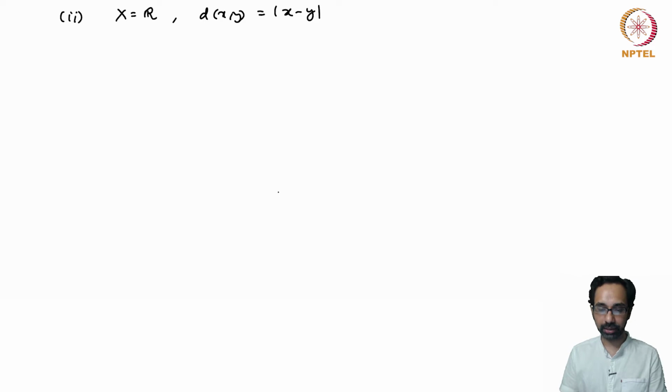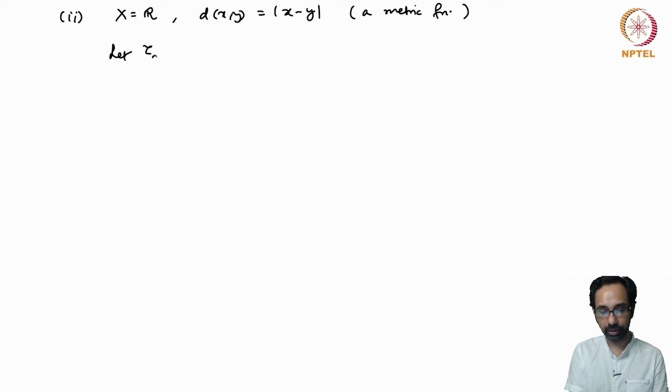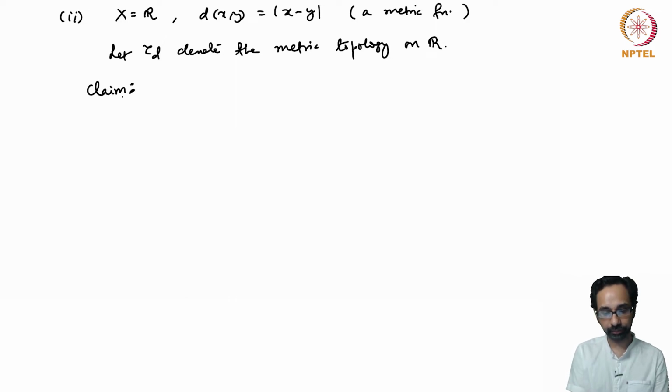I asked you to show that this is a metric function on R, and let tau D denote the metric topology on R. Now I claim that tau D is nothing but the standard topology on R that we have already seen.